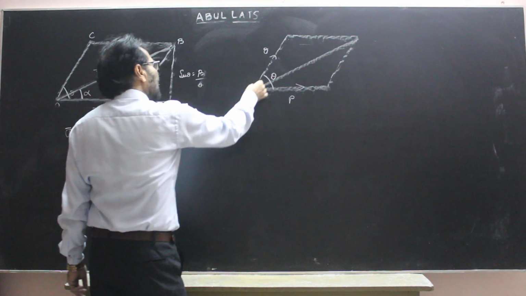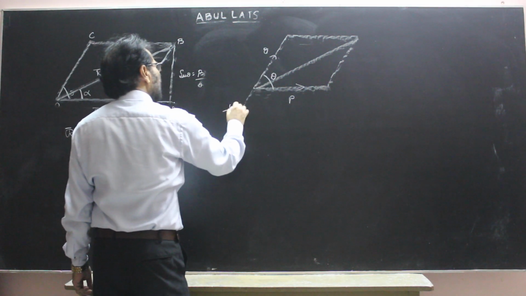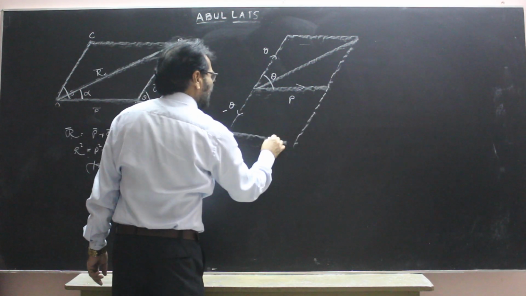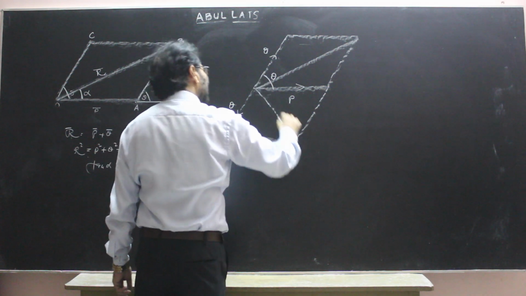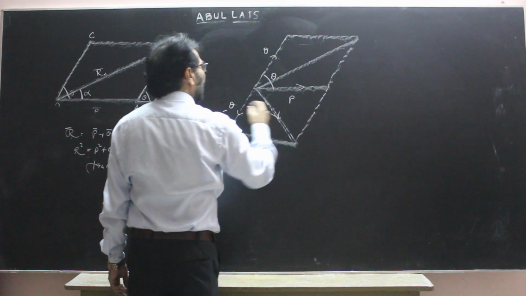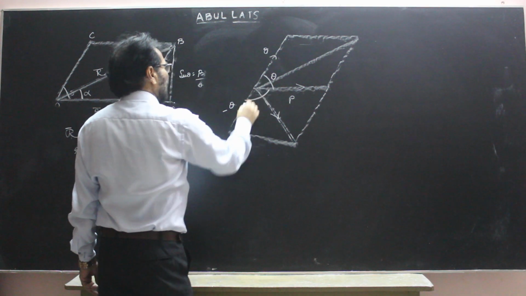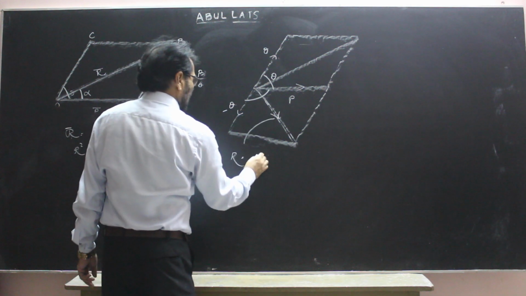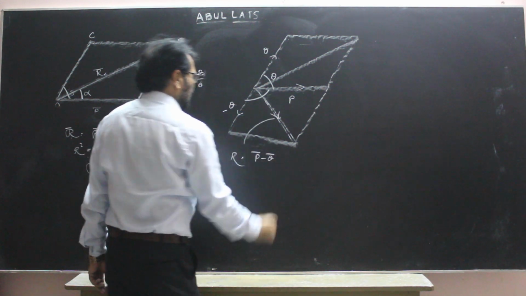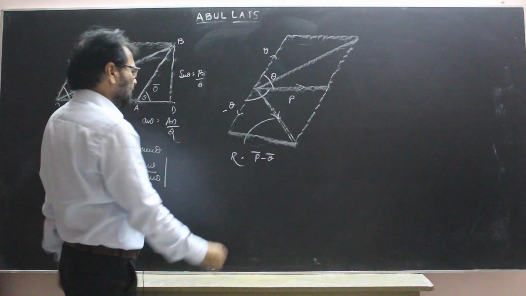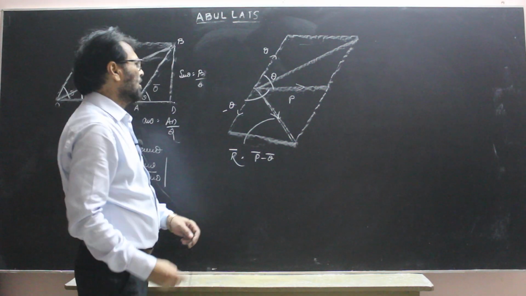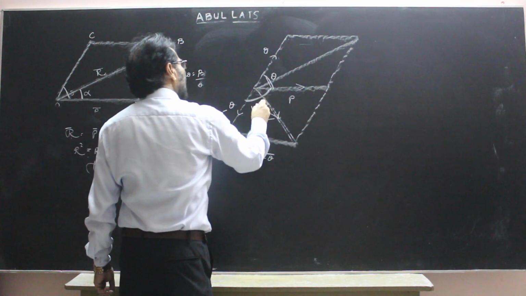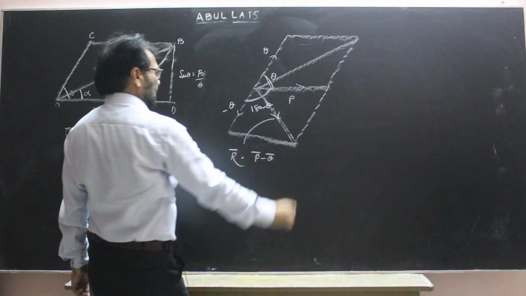And if this is minus Q, and of course this is R, and this R is P minus Q. That means it is the resultant of P and Q not at theta, rather it is 180 minus theta.